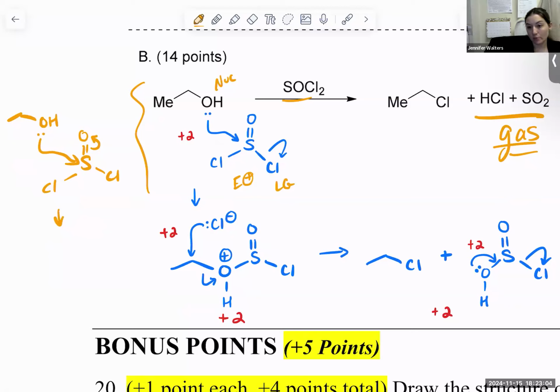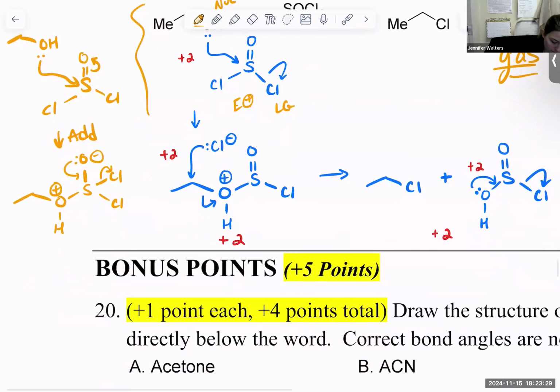Because it's carbonyl chemistry, you would push the electrons up onto oxygen, that's doing an addition, and then you get sulfur, single bond O, Cl, Cl, that's O minus. So then the O minus falls back down, kicks out the chlorine to do the elimination.